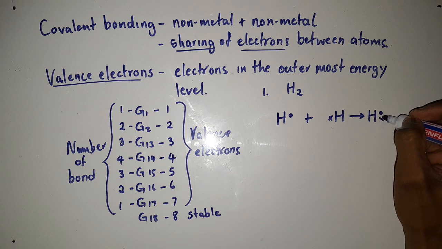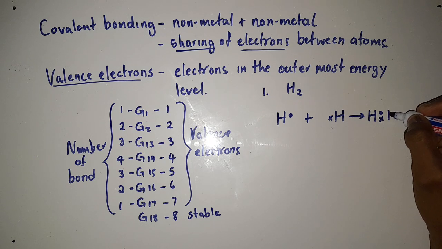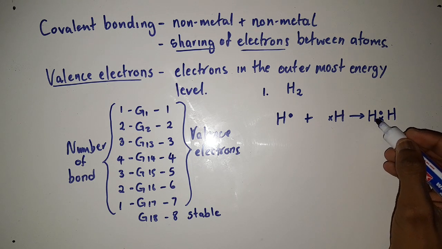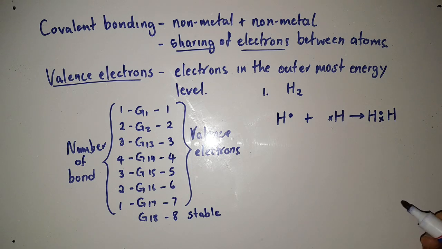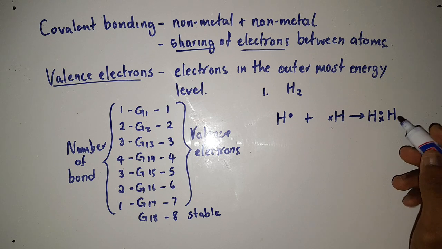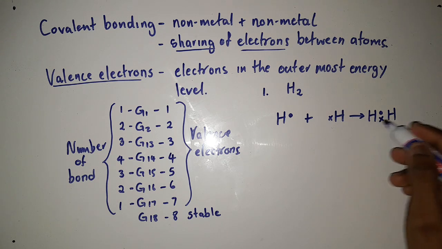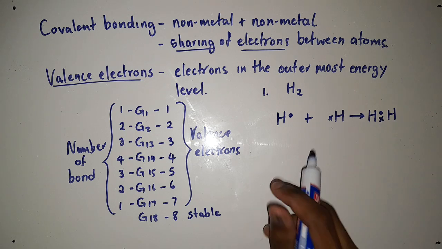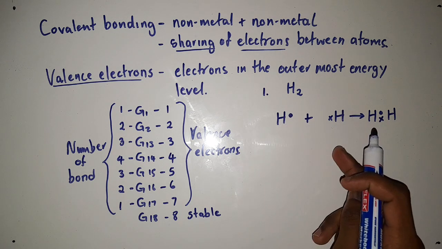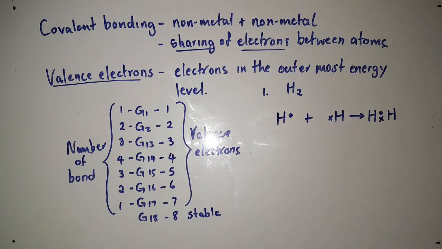Now they are going to pair with one another in such a way that they join together in a form of a dot with an X like this. Now we can see that there is a chemical bond between the 2. At first we had one each with another one each, but now they are combined in this situation.